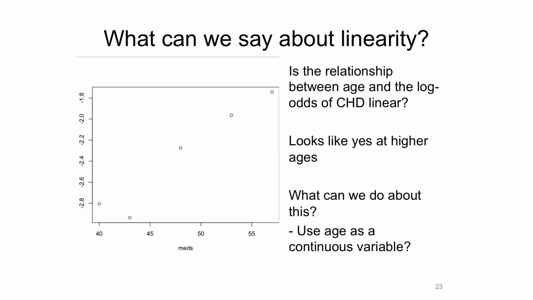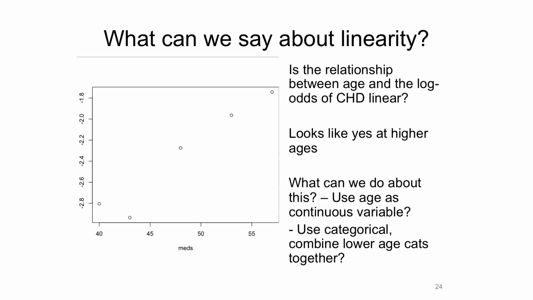Should we use age as a continuous variable? This wouldn't be a good idea because this is nonlinear with the log odds of CHD. One solution is that we could instead use a categorical version of age, and we could consider combining the lower age categories together if we think these aren't too different from each other in terms of effect on CHD.